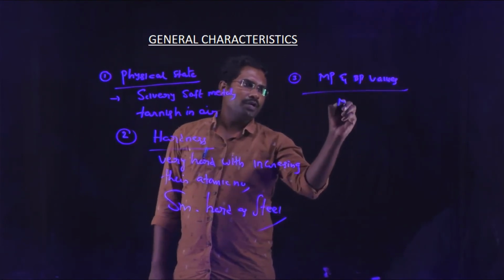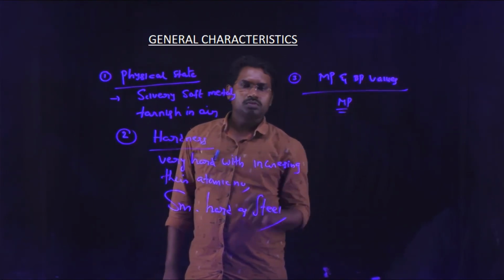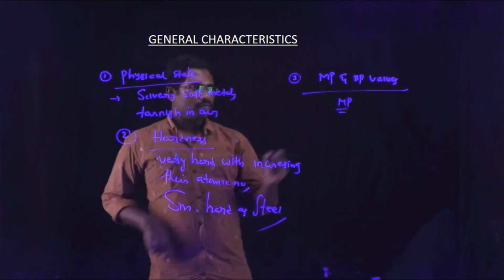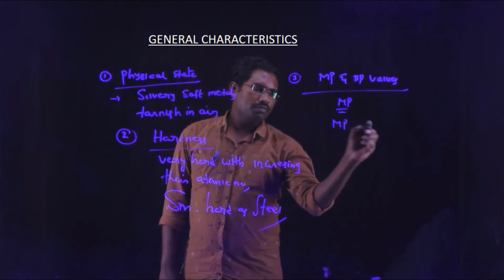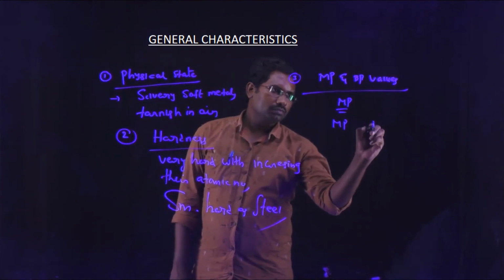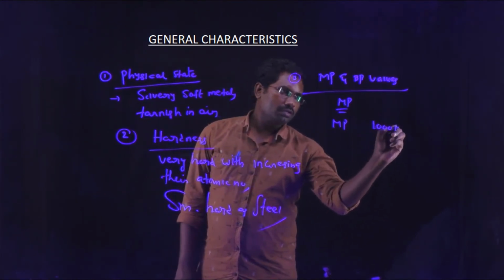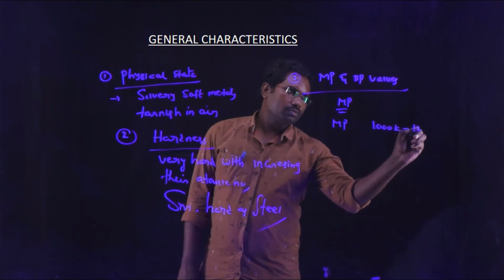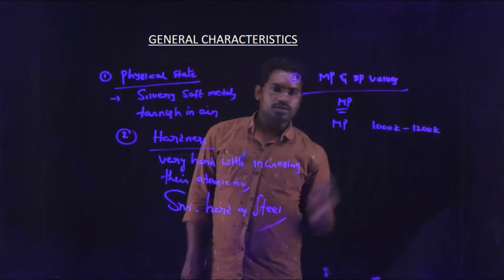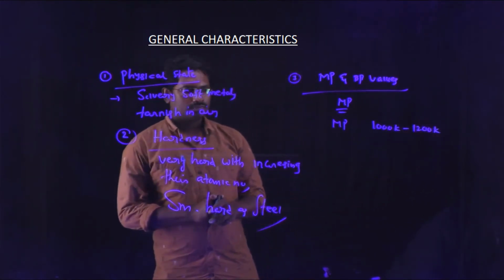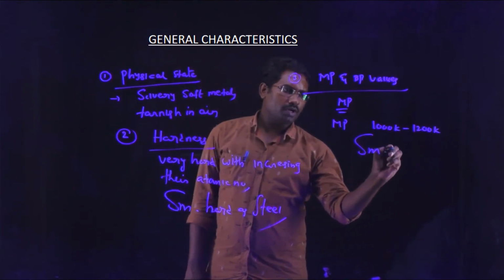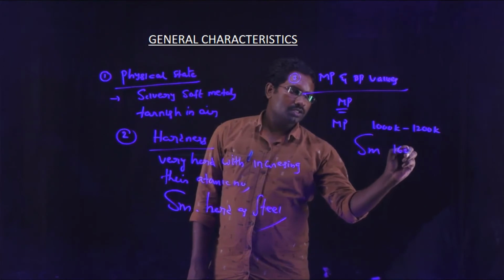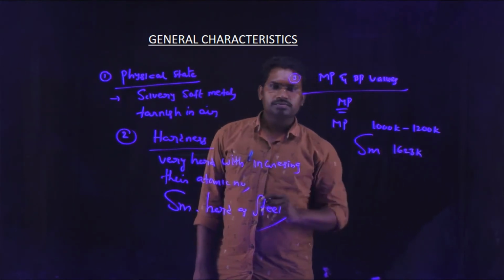Especially for melting points, the range will be 1000 Kelvin to 1200 Kelvin. In the case of samarium, it has a melting point of 1623 Kelvin.